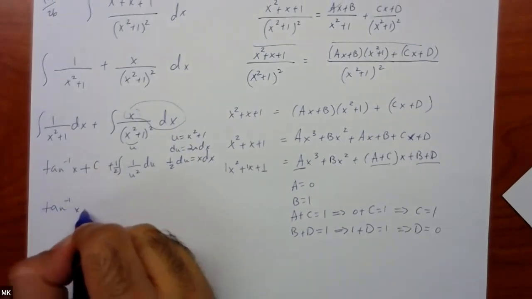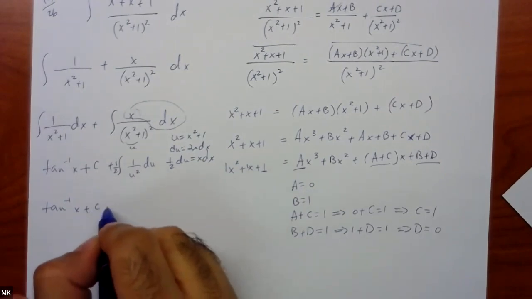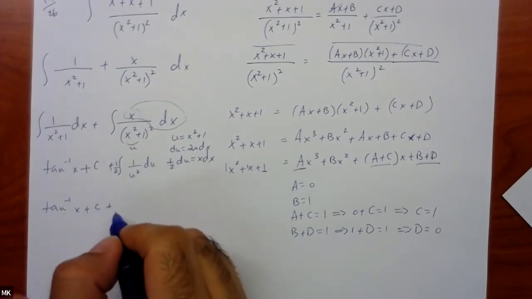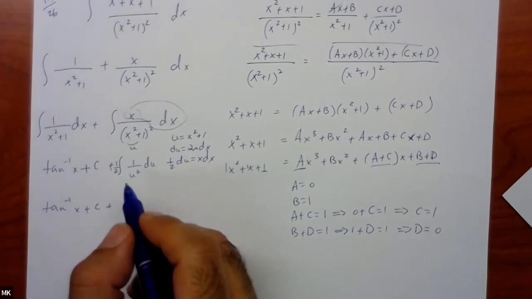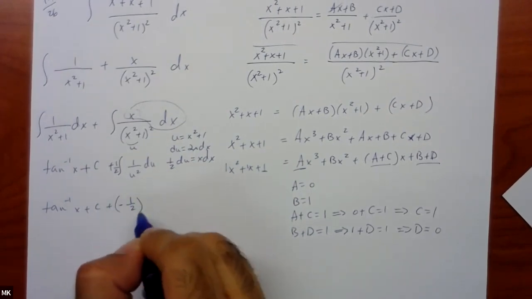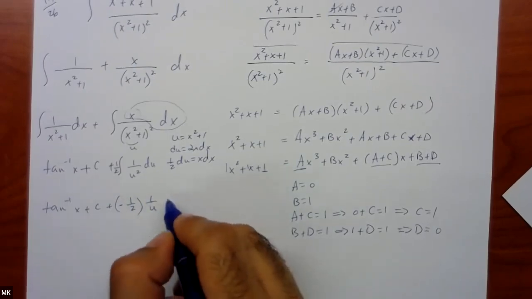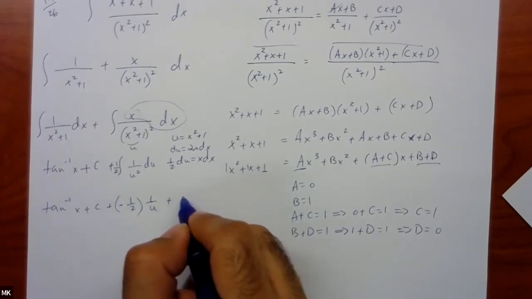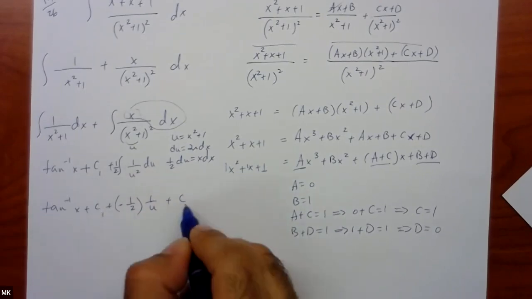So I get tan inverse x plus c, yeah, sure, plus the antiderivative: u to the second power in the denominator is negative u to the first power. So it's going to be minus 1/2 times 1 over u plus maybe another c, c1 and c2.